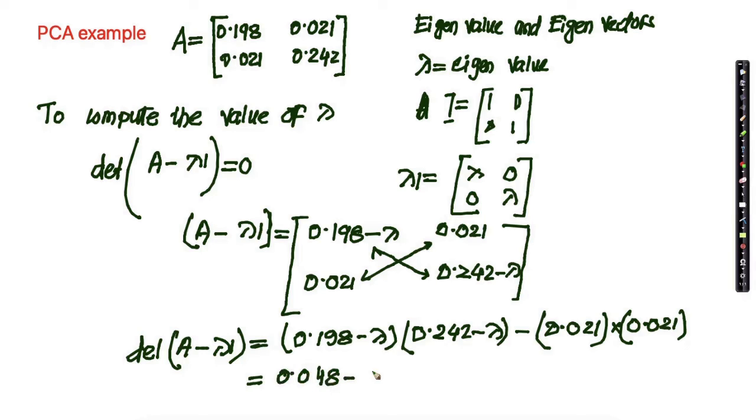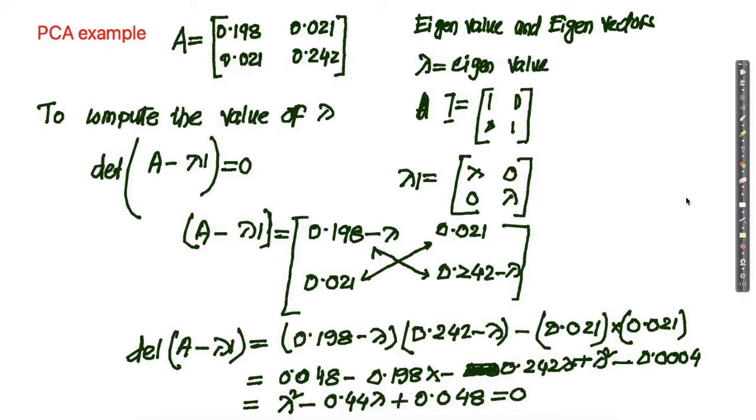If we multiply all the components, we get 0.048 minus 0.198 lambda minus 0.242 lambda plus lambda square minus 0.0004, which is lambda square minus 0.44 lambda plus 0.048, and this equals 0, which is set to 0 in order to find the value of lambda.